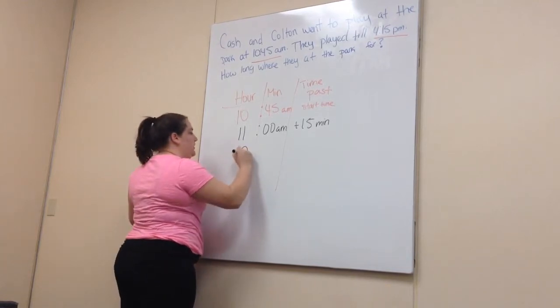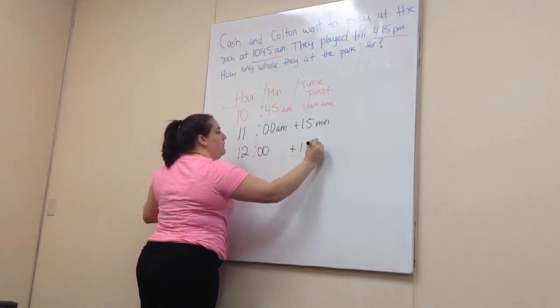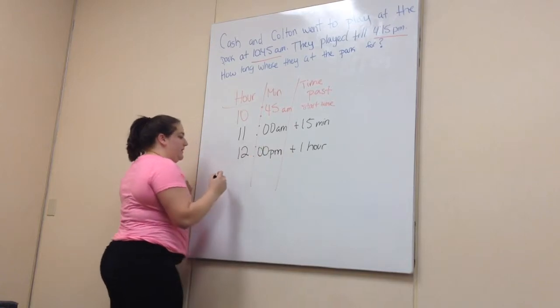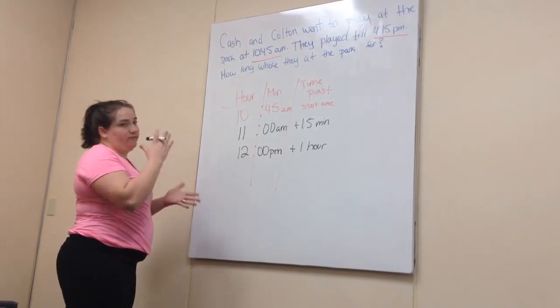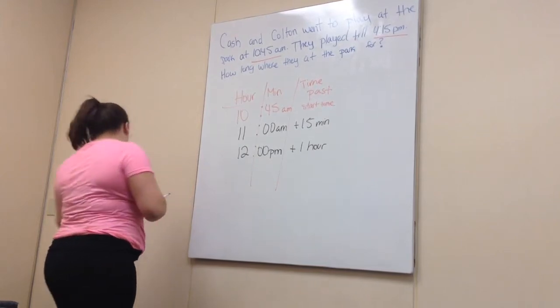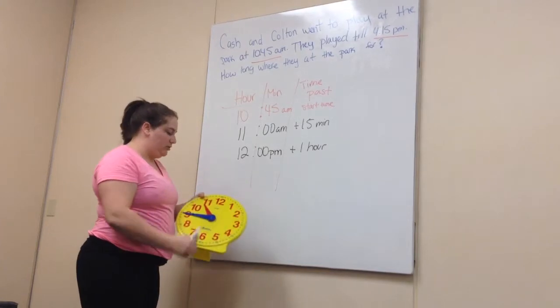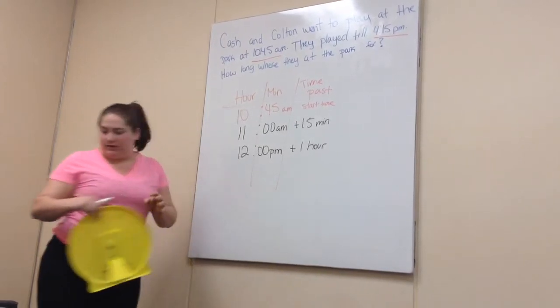So we're going to go to 12, which is going to be 1 more hour. And that's going to be p.m. Now because we cannot go from 12, 13, 14, which most students have trouble with, in our clock, as you can see, there's only 12 and it goes to 1.